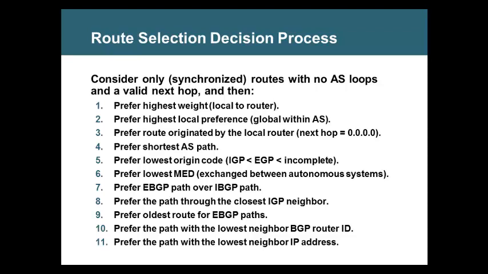Not possible. The IP address will definitely be different. So there cannot be a tie after this. There may be a tie even in attribute 9, attribute 10, but that is a very, very thin chance. Even if there is a tie in those, there cannot be a tie after attribute 11. Prefers the path with the lowest neighbor IP address.